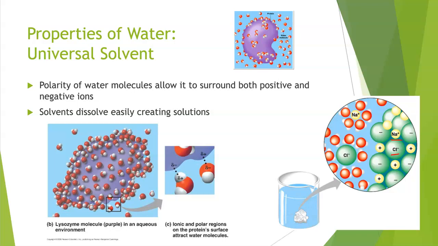It also happens with some larger molecules inside the body. Lysozyme is the example here. That's what that big purple molecule is. We will learn more about some of those enzymes and proteins in a later section. But for now, you need to know that water is the universal solvent.